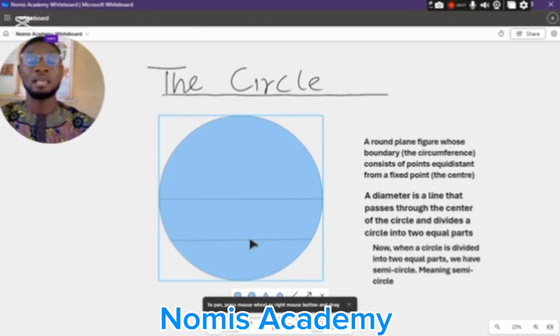A chord is a line that divides a circle into two unequal parts, such that we have a part of the circle bigger than the other part.